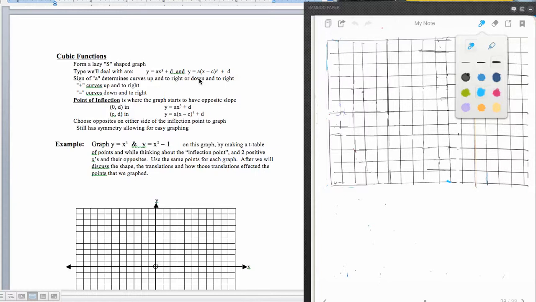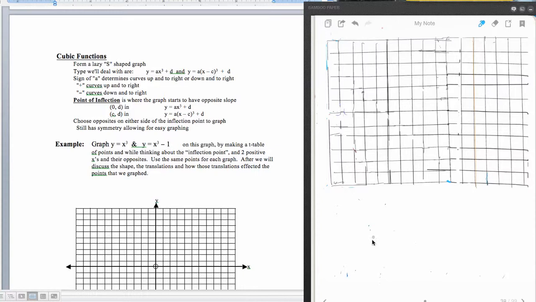However, those are fairly hard to graph, and we're going to be taking a look at the ones that are easier in this section. And so we're going to be looking at y equals ax cubed plus d, or y equals a times (x minus c) cubed plus d.